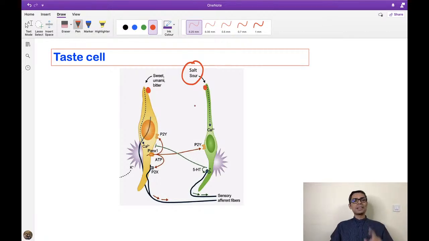Getting my point? The bottom line is that the receptors responsible for detection of salt and sour are ion channel receptors.